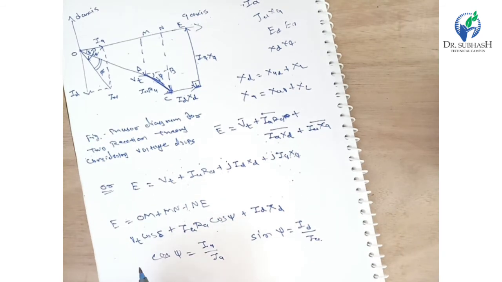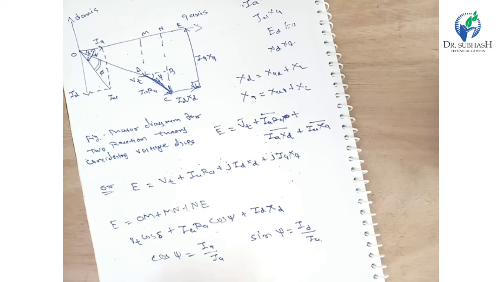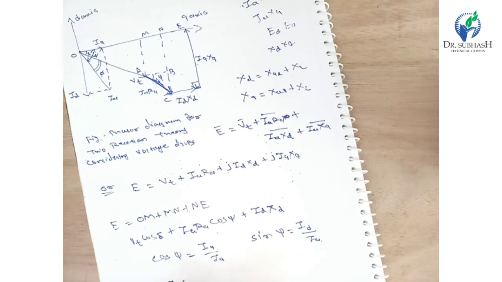For the current of quadrant axis and direct axis, by using this equation, we write the values: Id is equal to Ia sine psi and Iq is equal to Ia cos psi. Now the next step is to draw the phasor diagram by using this voltage drop condition.